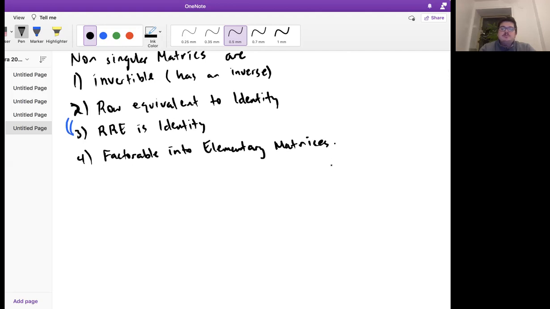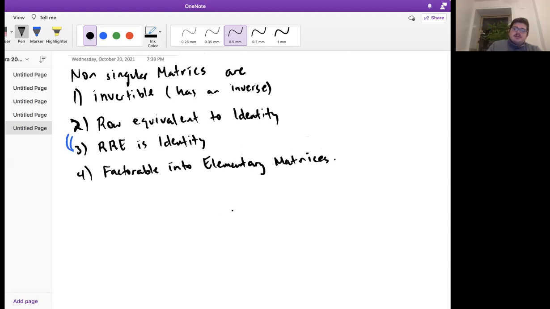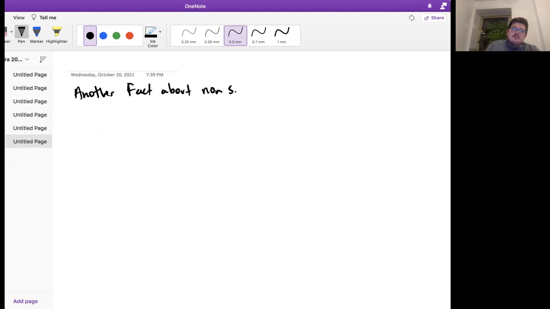Okay, so let's make up another fact about non-singular matrices. Let's have a matrix A times x equal to 0.